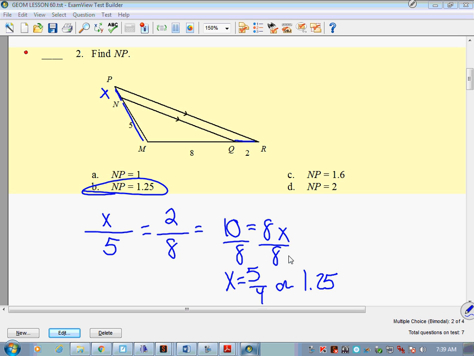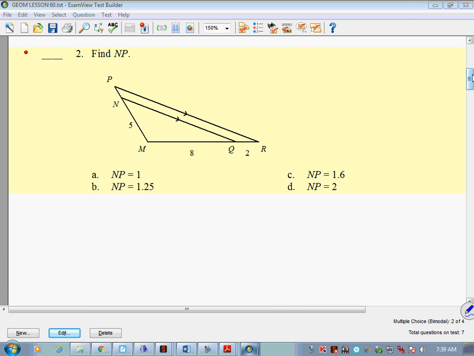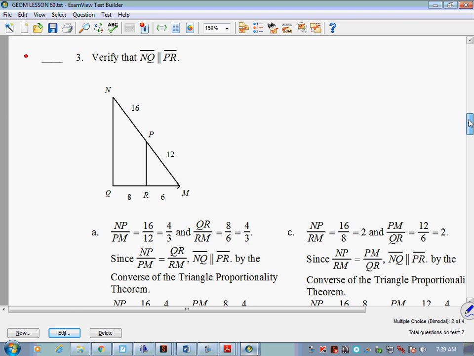All right. A little bit more involved question coming up here. Number 3. It says verify that NQ is parallel to PR. So this should use that converse theorem. What we want to see is that if PR divides it proportionally, then it is parallel to NQ.